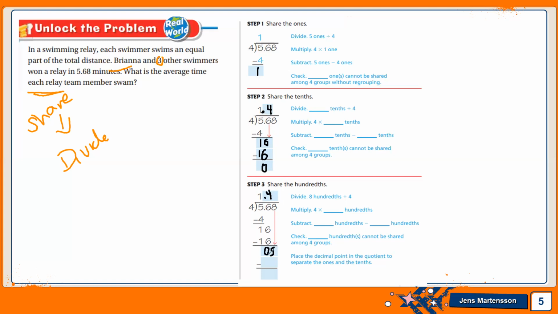Put the 8 down. 8 divided by 4 is 2. 2 multiplied by 4, 8. And the remainder now is 0. So what is the average time each one swam? 1.42 minutes.